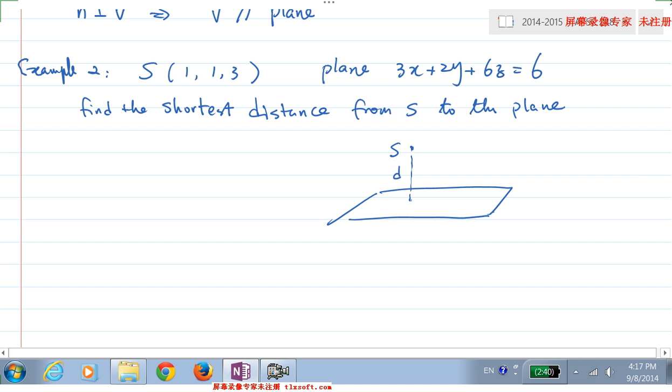This is exactly the situation we're looking at. We're looking for this length here, so it's like another vector projected in this direction. That makes sense? That maybe brings us somewhere now. So let's say I'll use the first method here.